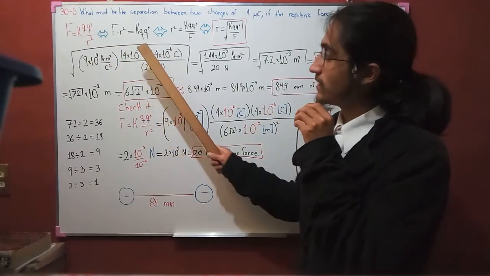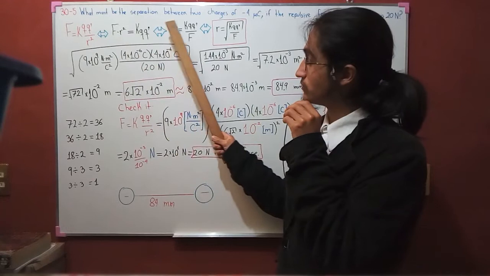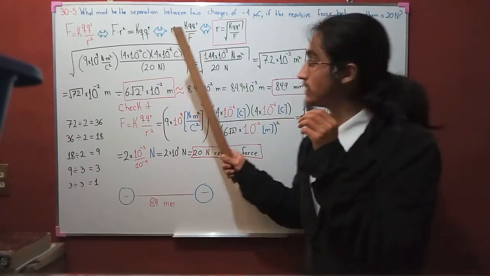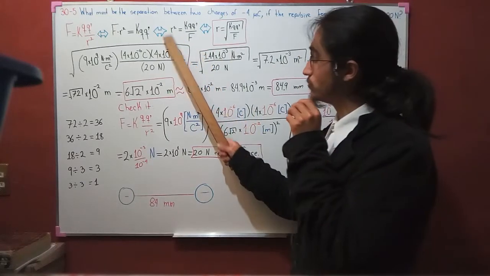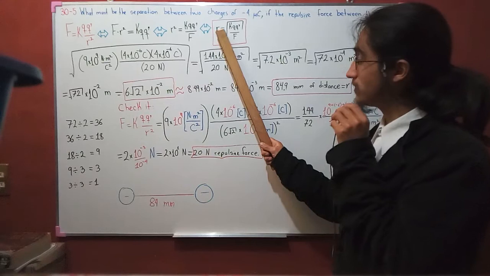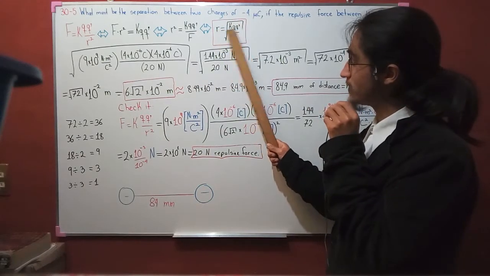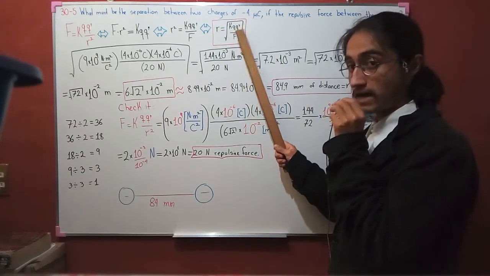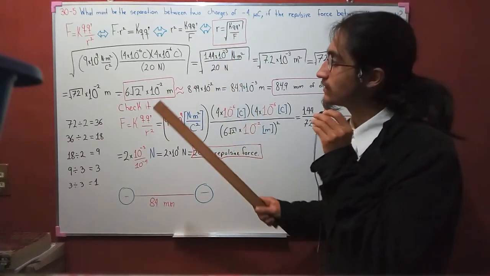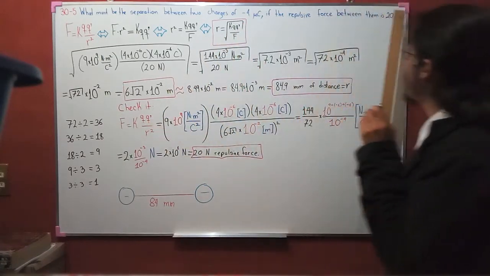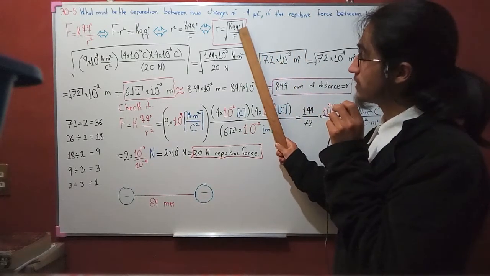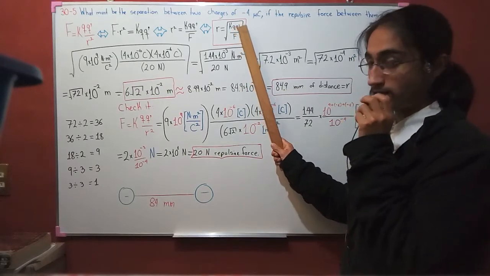Then R squared is equal to K Q prime divided by F. And then the square root on both sides of this equation gives R equal to the square root of K Q prime divided by F. This is R. The force, the electrical charges, and the constant of Coulomb are known.